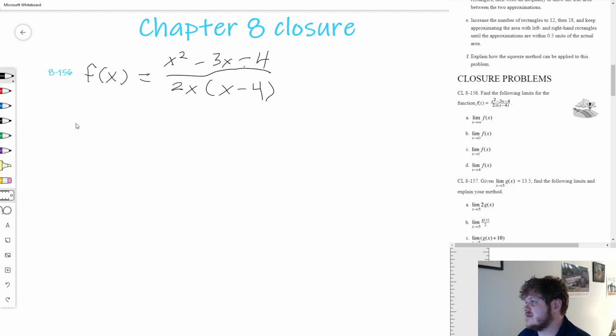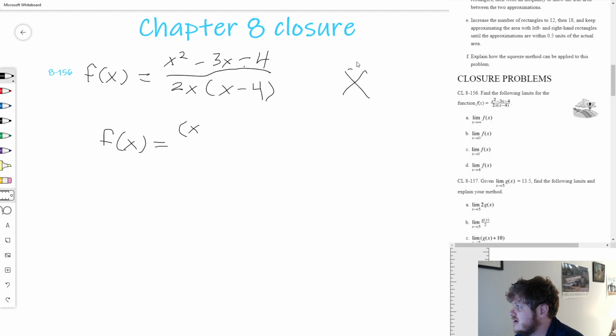Now, one of the key things we want to do is find limits of this function. So what I would suggest doing is that we break up the top of this function into its components and factorize it. So when we do that, we get f of x equals, and for this one, if we do the diamond, we have -3, -4, which means one of these is negative.